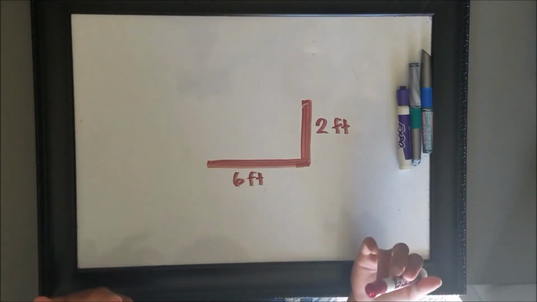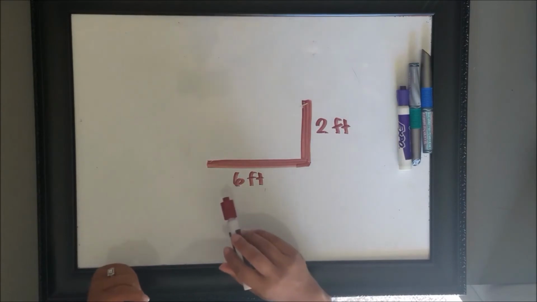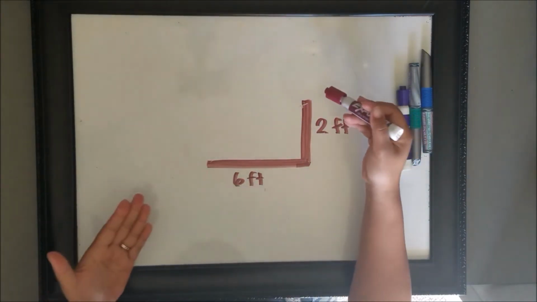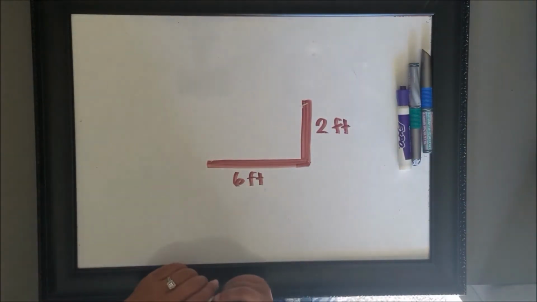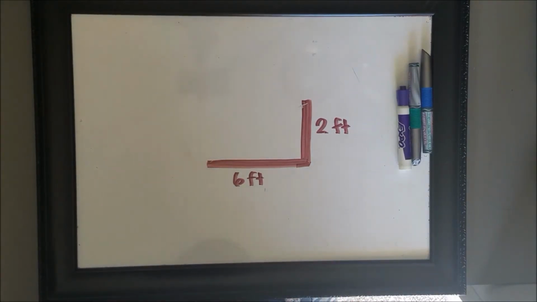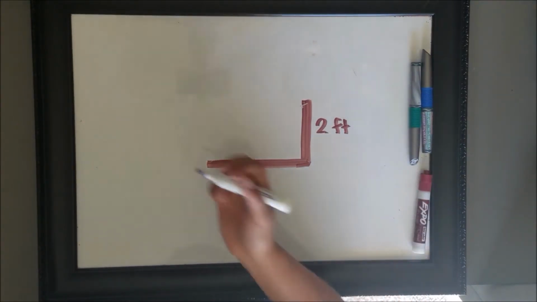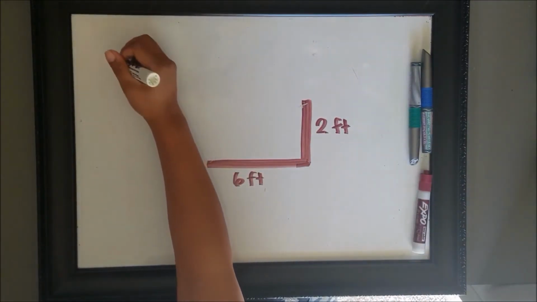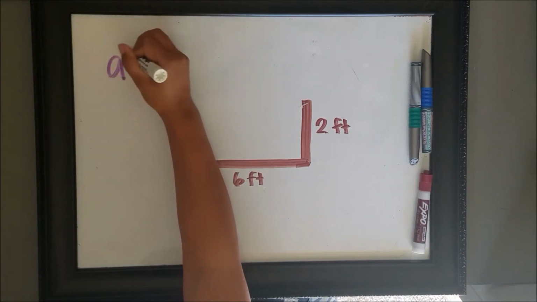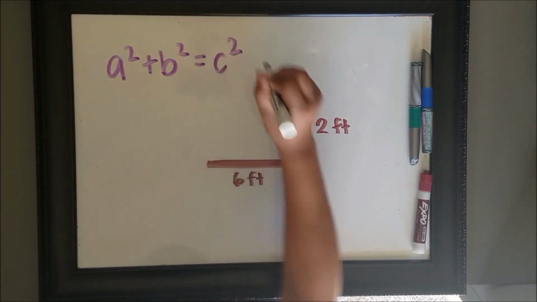So rather than trying to guess and overguess how big it is so I can cut it, I'm going to try to find the exact length. The way that I'm actually going to do that is using something called the Pythagorean Theorem. And I know that in math, the Pythagorean Theorem is a squared plus b squared equals c squared.